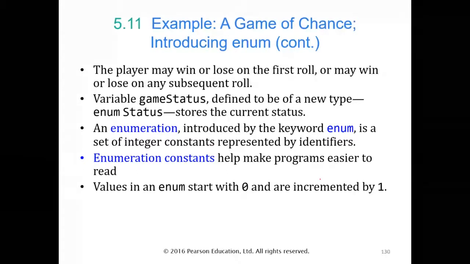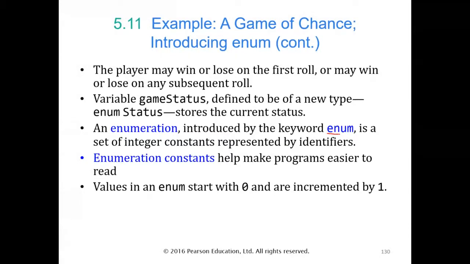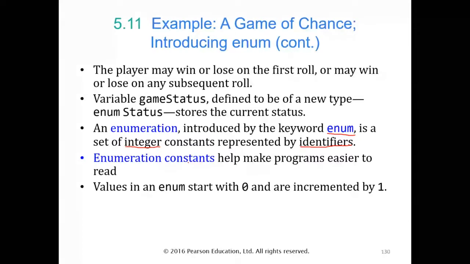So the basic thing that we want to introduce is the enumeration data type, and the enumeration data type is introduced by using the keyword enum, and it is just a set of integer constants represented by identifiers. So what the enum keyword does is that it takes the identifiers and it sets integer values to them in the background, right?